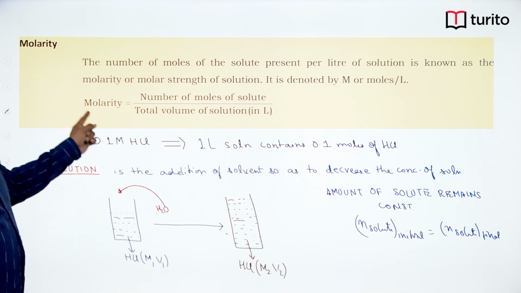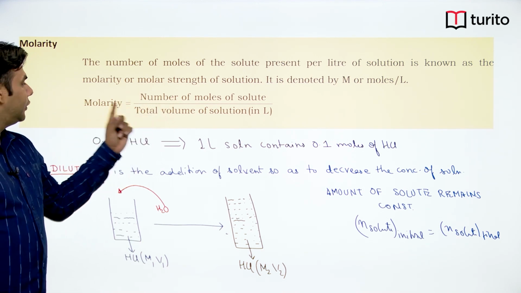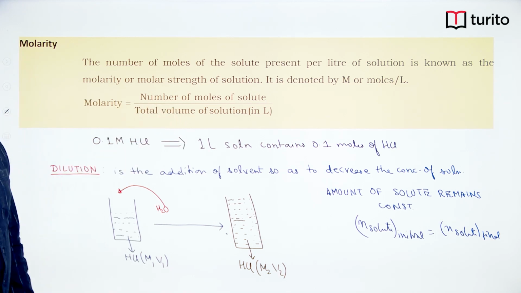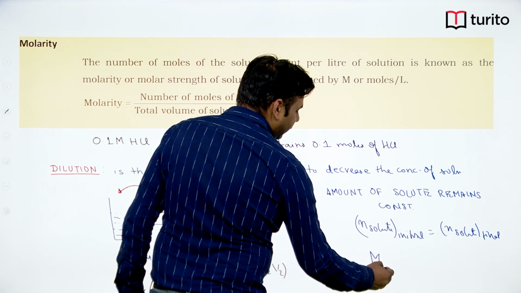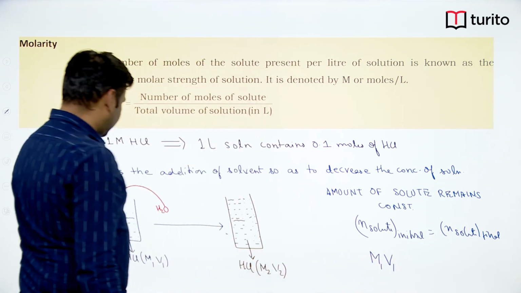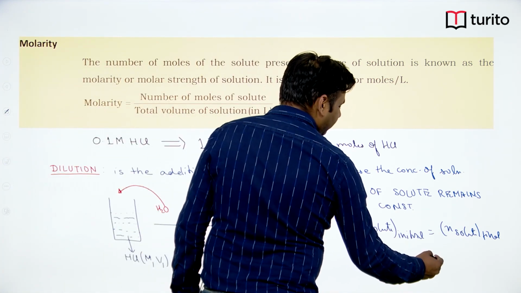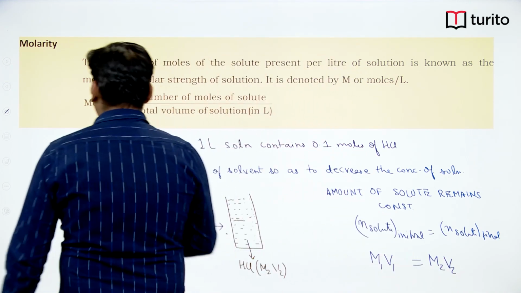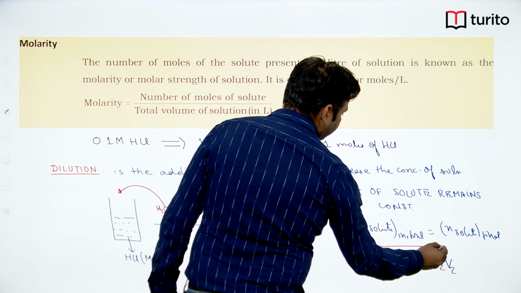We know that molarity is the number of moles upon the total volume of solution in liters. So molarity into volume of solution in liters will give us the total number of moles of solute. Initially, the number of moles of solute was M1 into V1, because its molarity was M1 and volume was V1. Finally, the molarity became M2 and volume became V2, so the final number of moles of solute would be M2 into V2.